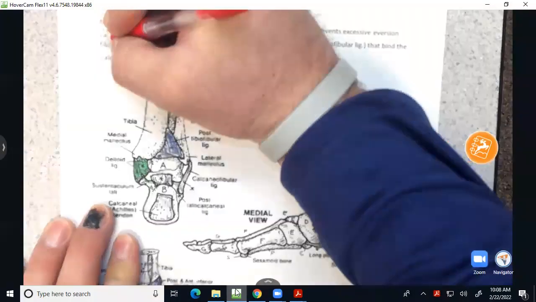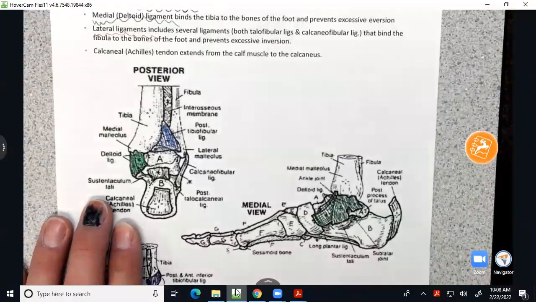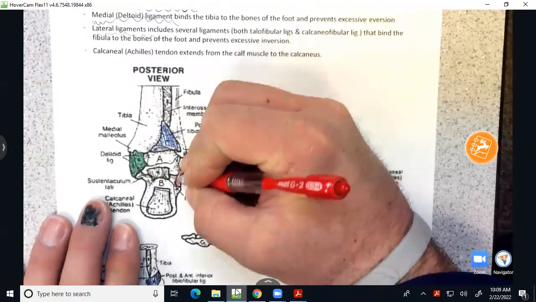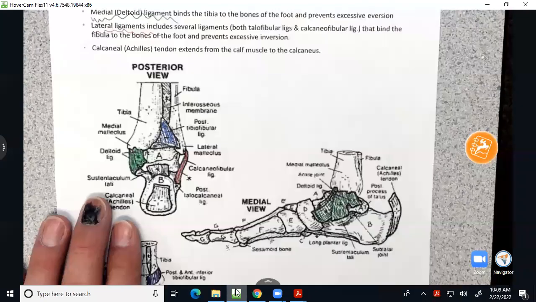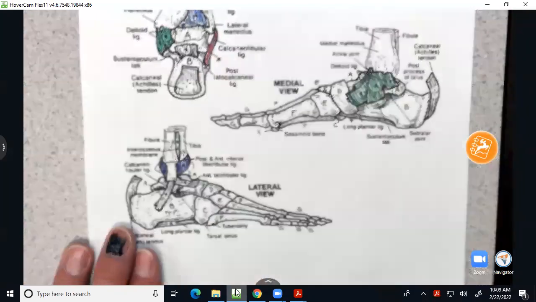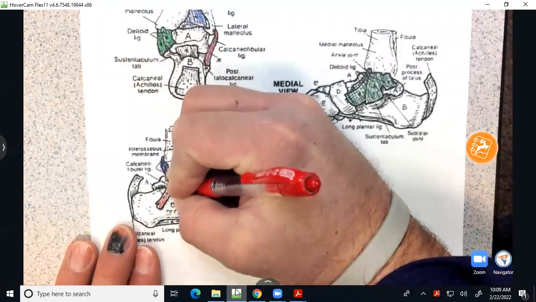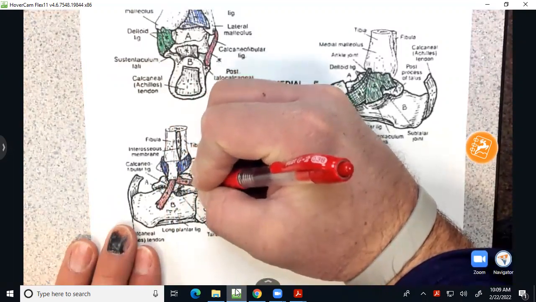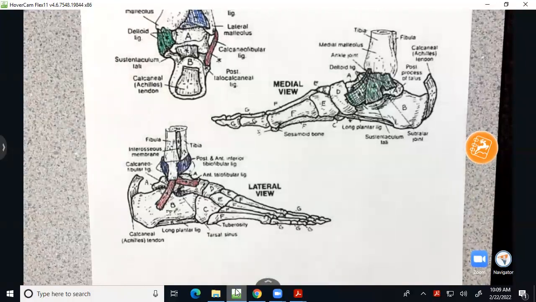On the other side of the ankle is where we can find the lateral ligaments, and there are two of those, the calcaneofibular and the talofibular. Here in our posterior view, we can see the calcaneofibular. Here in our lateral view at the bottom, we can see both the calcaneofibular and talofibular. Those are fairly commonly injured.